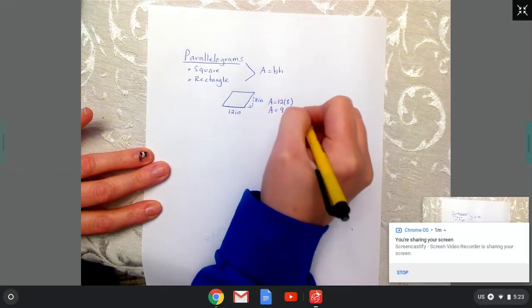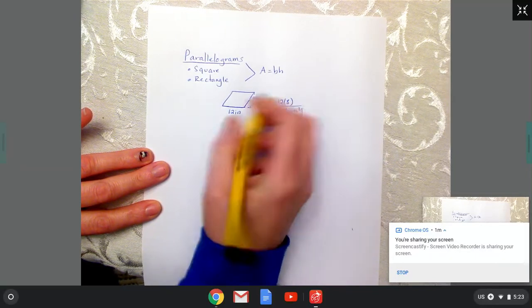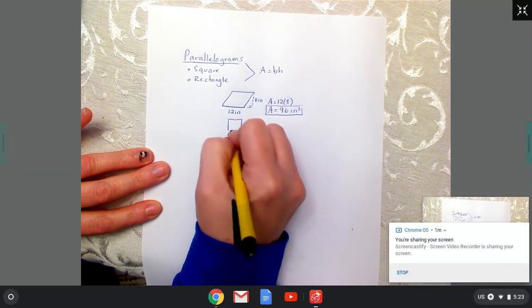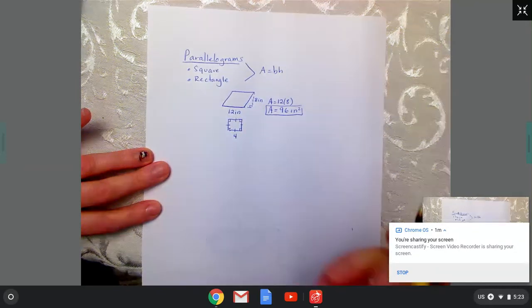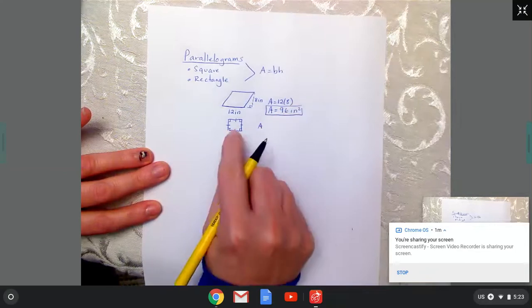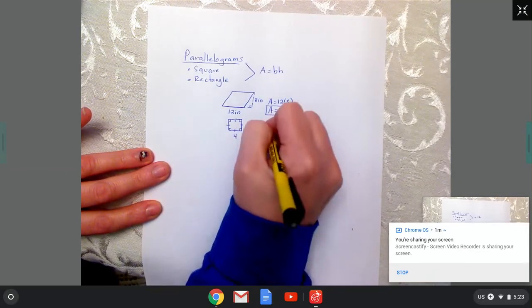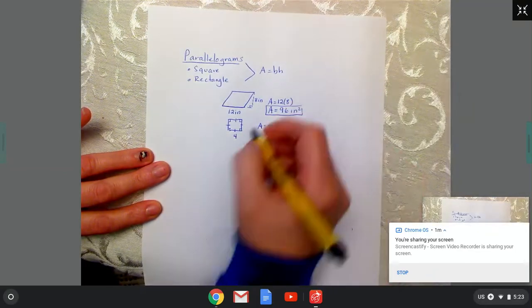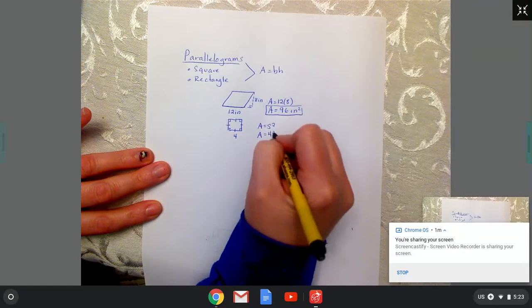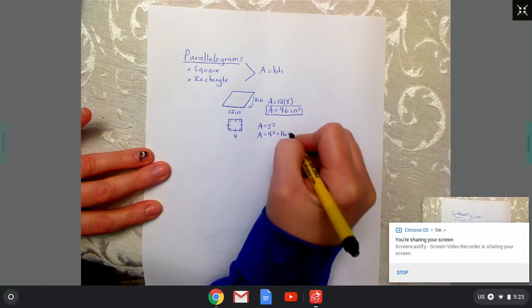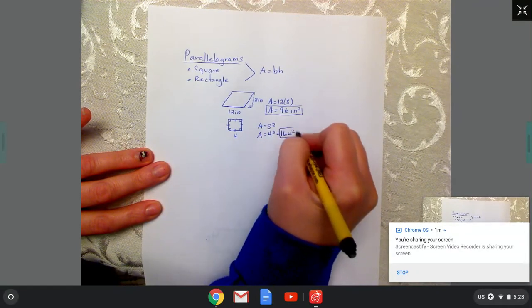96 inches squared. Okay, if you have a square, and you can see all the sides are equal, they got some tick marks like that, maybe they give you 4 inches, you can still do base times height, but we usually use side squared. So that would be 4 squared, which is 16 units squared, since I didn't specify on that one.